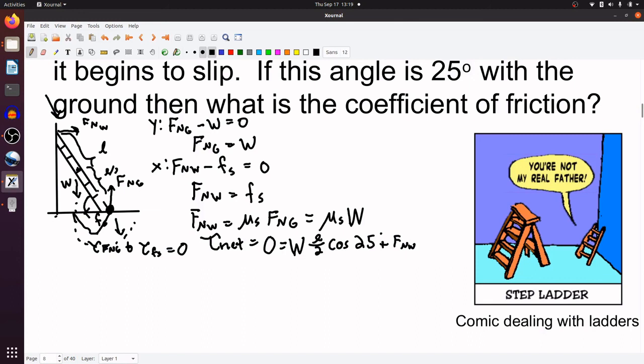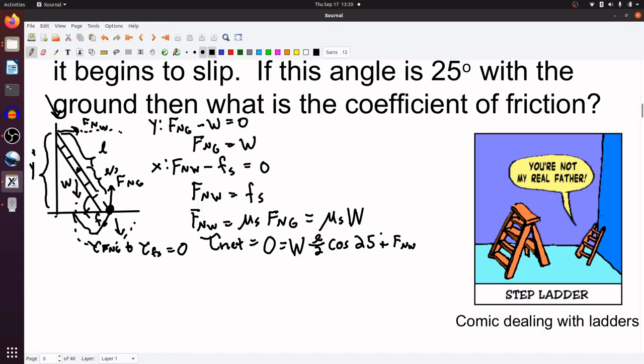And its lever arm, FNW, let me try to find my cursor here. There it is over here. FNW is way up here. And so we need the lever arm that is perpendicular to FNW, and this is always what throws people off. But we need this side, which I'll just call y.